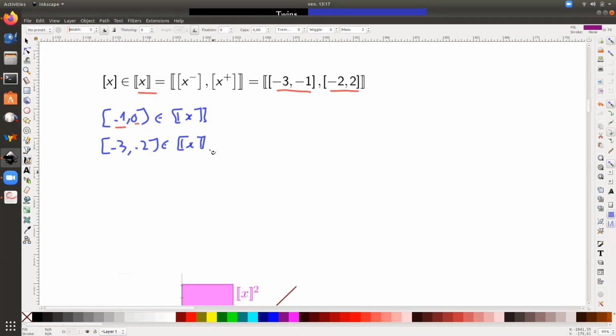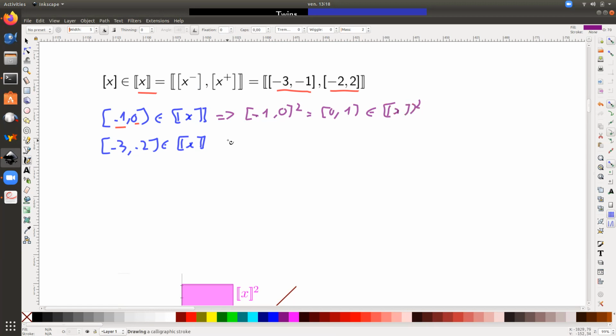Now, if I have this, it means that, due to what I have explained just before, [-1, 0] squared, which is equal to [0, 1] if I apply the classical interval arithmetic, should belong to x squared.